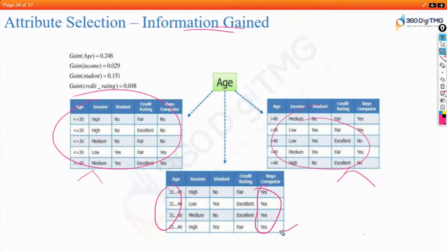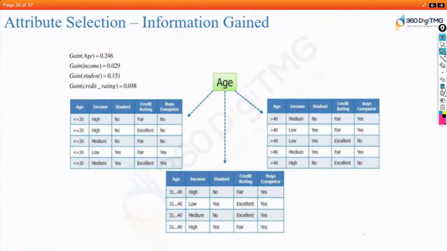So when a customer is walking into the store, I would ask him one question, hey, what is your age, sir? And if he says his age is falling between 31 to 40 years, then I know for sure that he's going to purchase the computer. So I can spend some time with that particular customer because he is doing business with me.